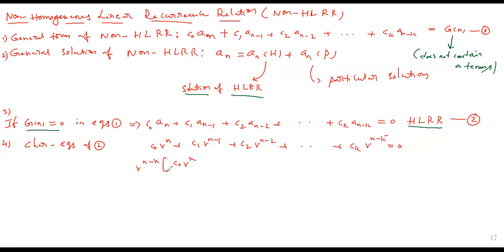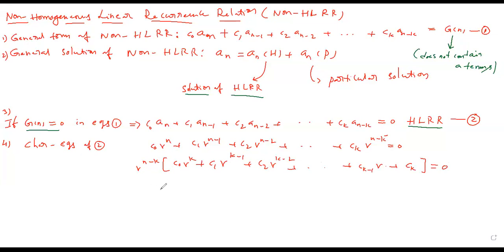R power n minus k is common. Then the remaining is c0 r power k plus c1 r power k minus 1 plus c2 r power k minus 2. Similarly, if you write, finally you will get ck minus 1 r plus ck equals to 0.